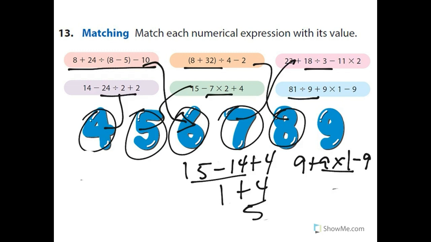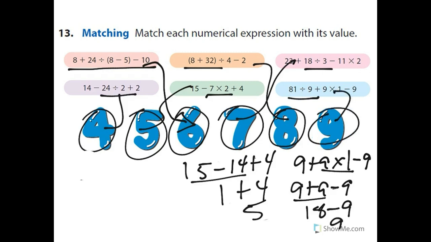I'm going to do 9 times 1 next. 9 plus 9 minus 9. Addition next. 18 minus 9 is 9. Whew, that took a lot, didn't it? Yeah, being the calculator is a lot of work.